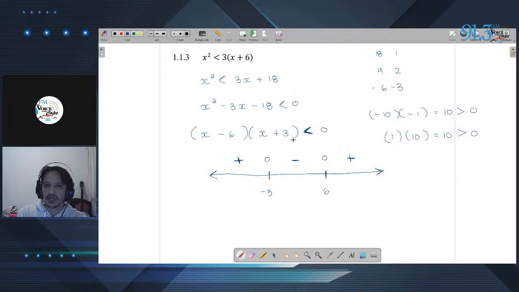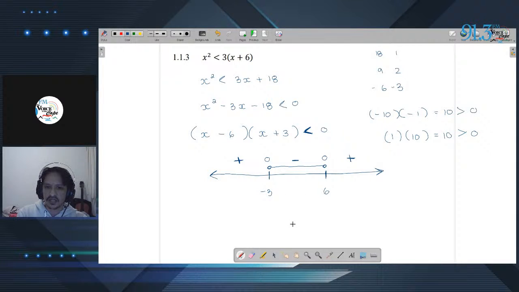So if we want to know where this expression will be less than 0, we can see it's going to be between negative 3 and 6. And we can state that with a circle and a circle connecting each other. That's telling us where the inequality exists.